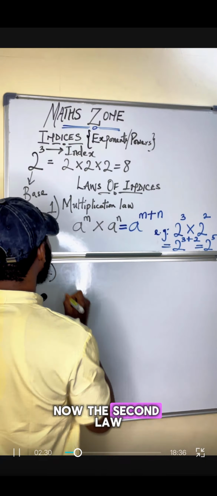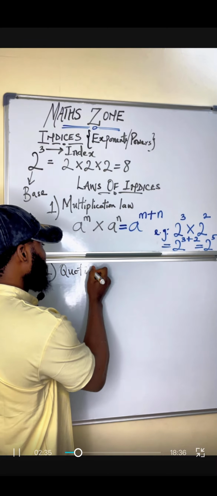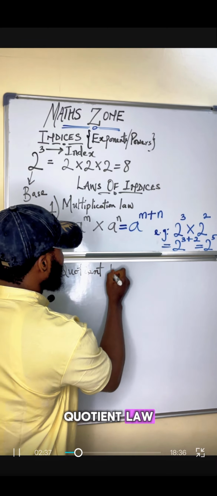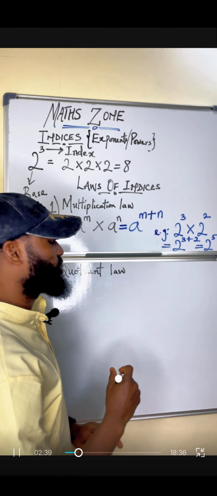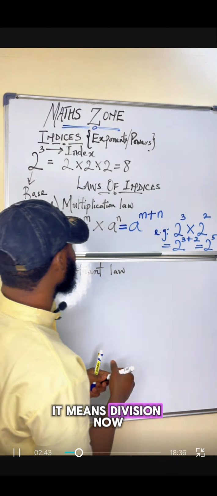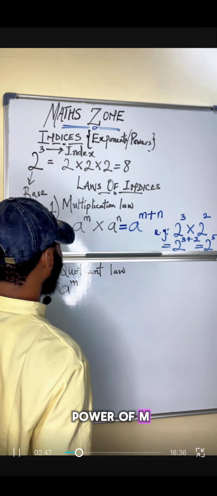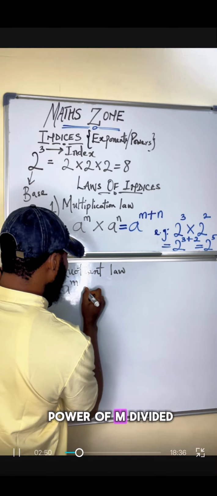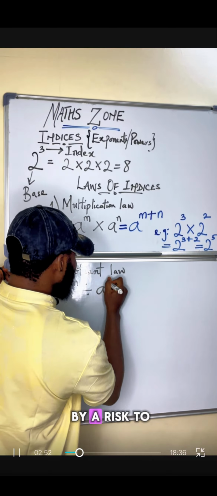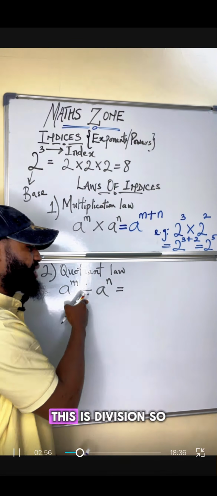Now, the second law is called the quotient law. Of course, quotient simply means division. When you have something like a raised to the power of m divided by a raised to the power of n, this is multiplication, this is division.